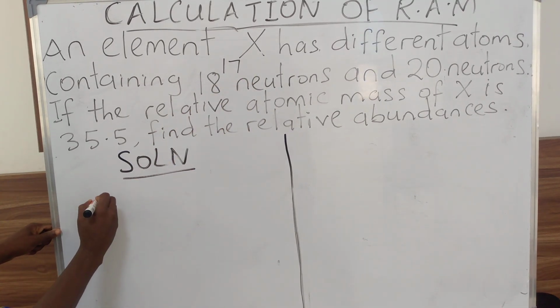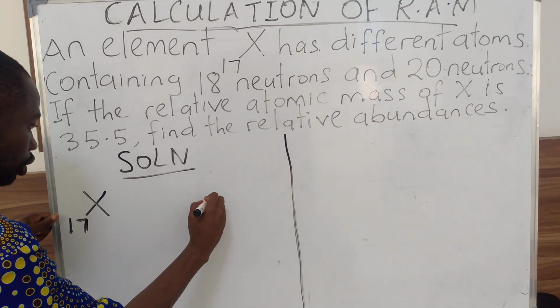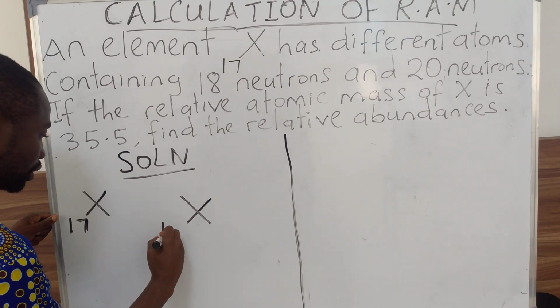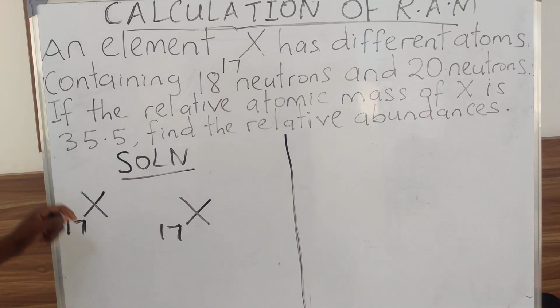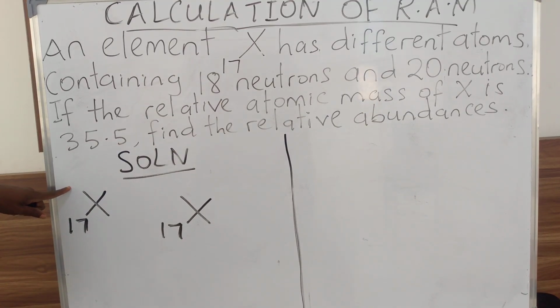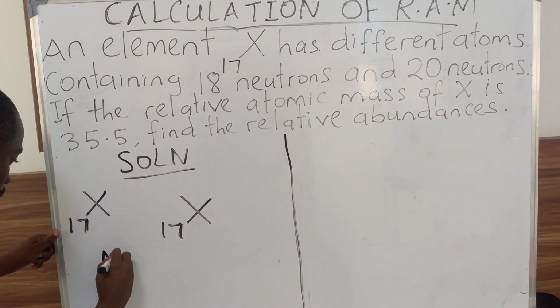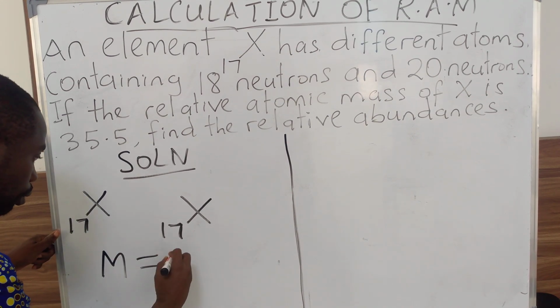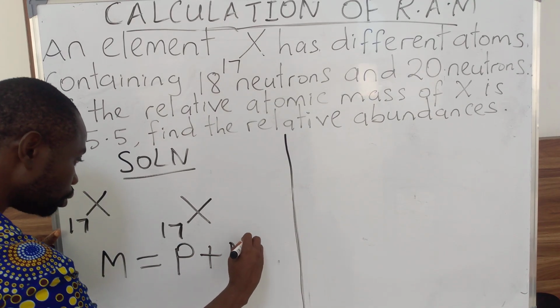The isotopes, the first one is X17. Second one, don't forget isotopes have the same atomic number. So the number here is the mass number. And remember, I gave you a formula that mass number is equal to proton number plus neutron number.